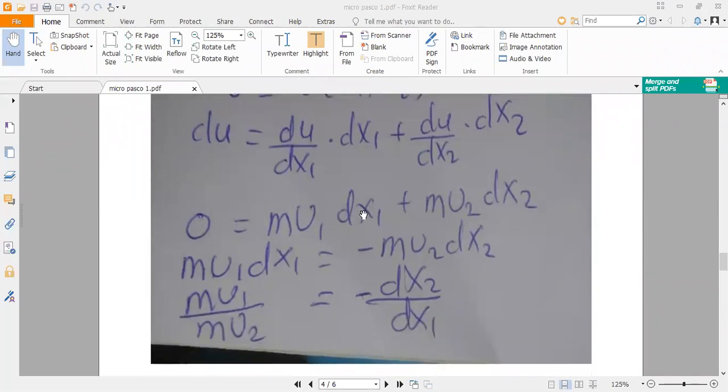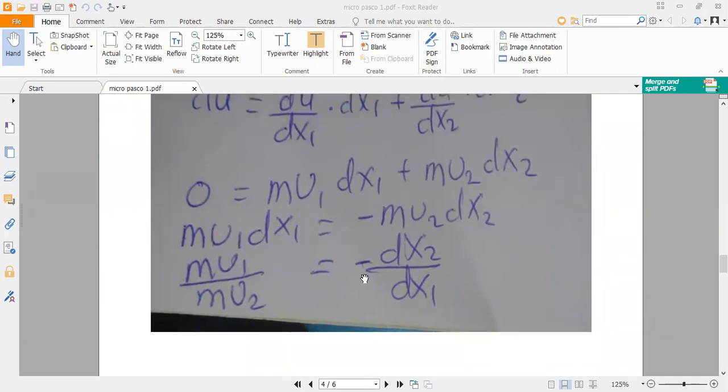Okay, so from here, we just send this one to the left hand side. Whichever one that you send, one side is going to be negative. Now, what we are looking for is the change in the second good resulting from a change in the first good. So we divide through by mu2, and then we divide through by dx1.